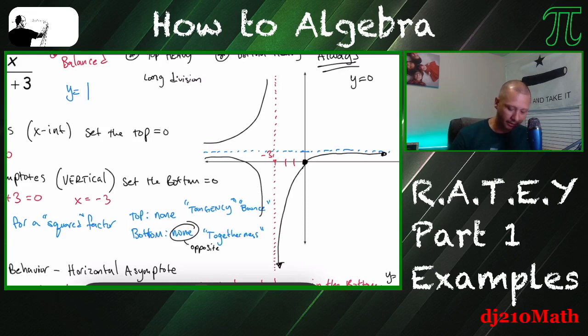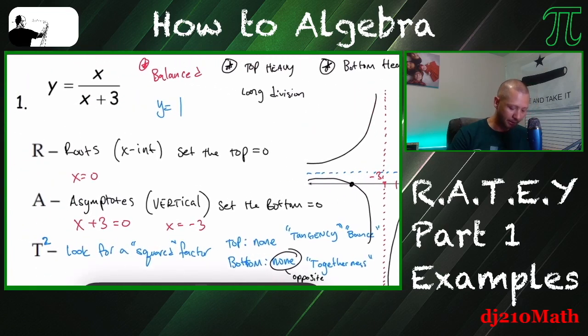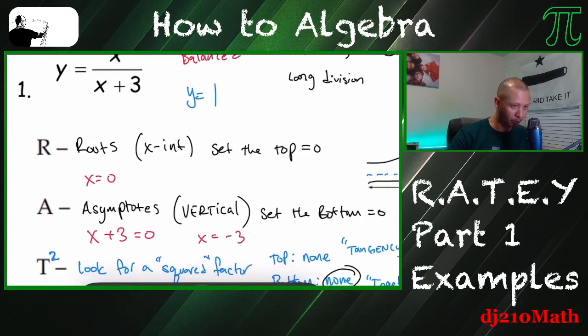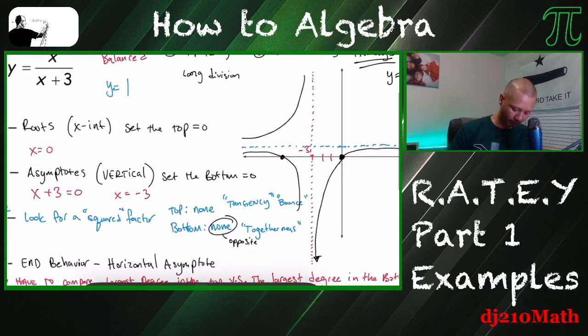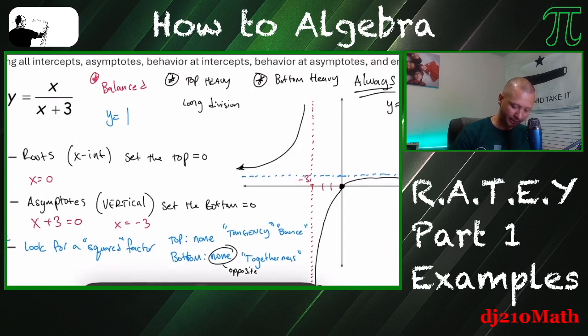So again, for the bottom left quadrant to be the branch, it would have to cross the x-axis. But we know that's not true because for the x-intercept, the roots, there's only one. So it can't cross. So specifically, it has to be this upper right.